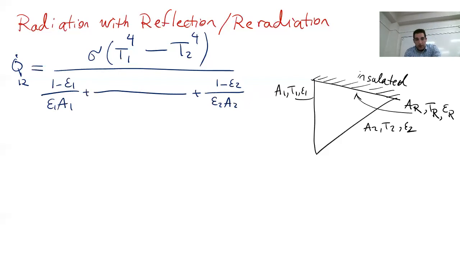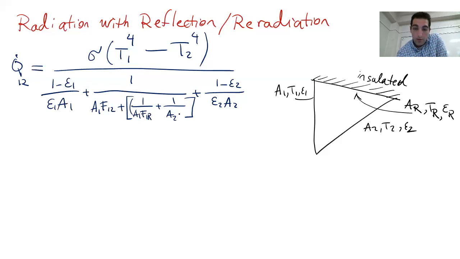And that big resistance in between is nothing but 1 over A1 F12 plus, in the bracket, I have 1 over A1 F1R plus 1 over A2 F2R.